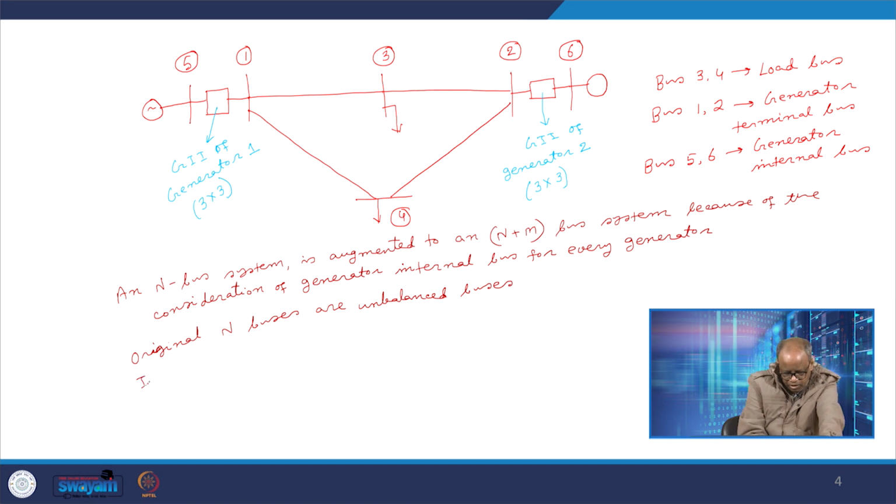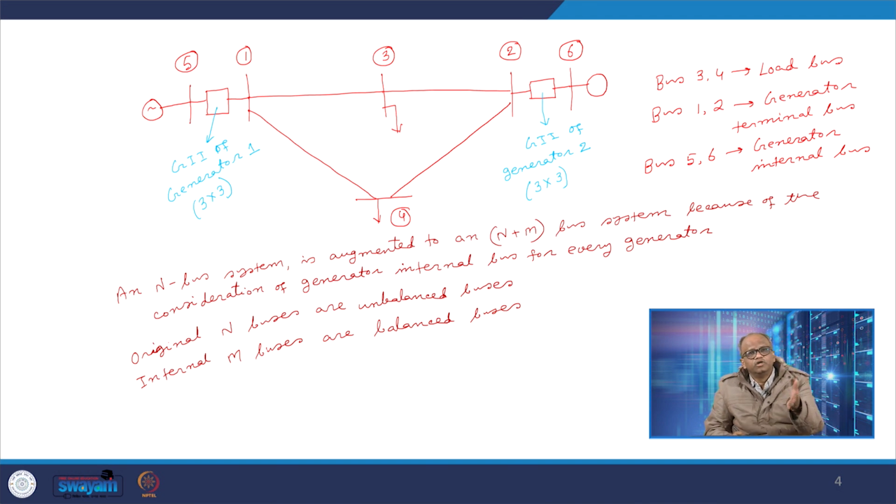The internal m buses are balanced. Balanced buses means that their voltage magnitudes for each phase are the same and their angles differ from each other by 120 degrees. So the internal buses are balanced, but the original buses, that is buses 1, 2, 3, 4, are unbalanced.